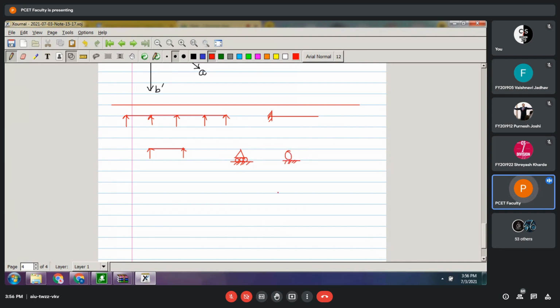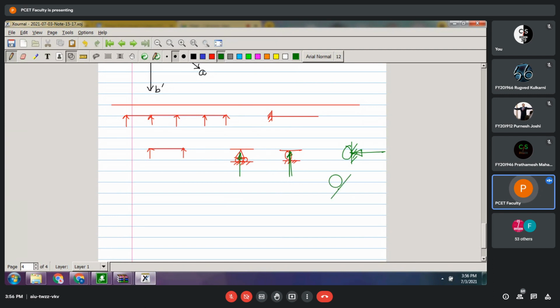रोलर सपोर्ट काय असतो, काय करतो रोलर, सांगा मला जरा. Roller provides a single perpendicular force. It simply provides one support reaction which is perpendicular to the plane on which the roller is resting. If your roller is resting on a vertical wall, your support reaction will be horizontal.